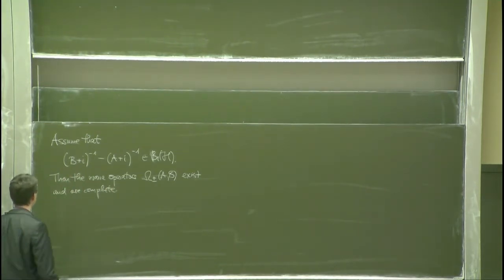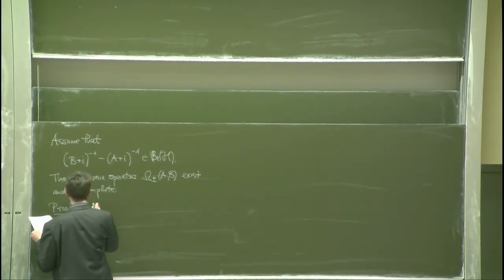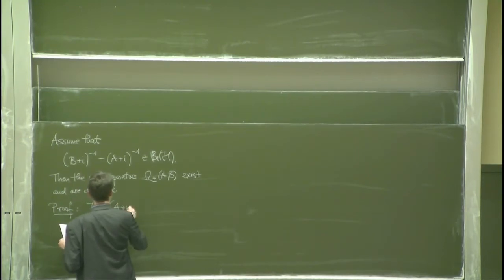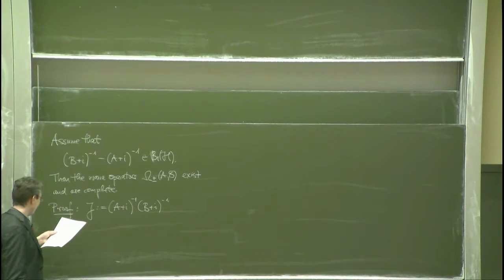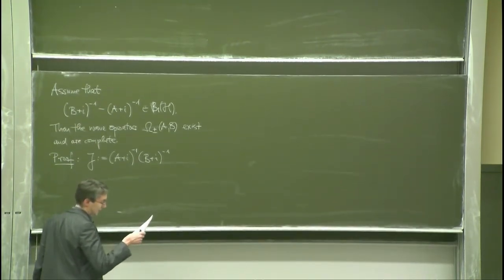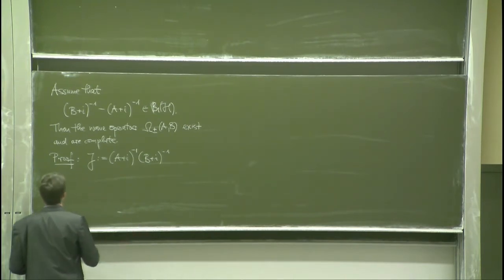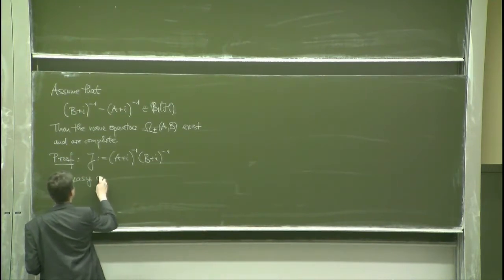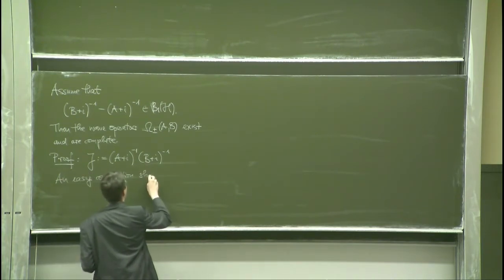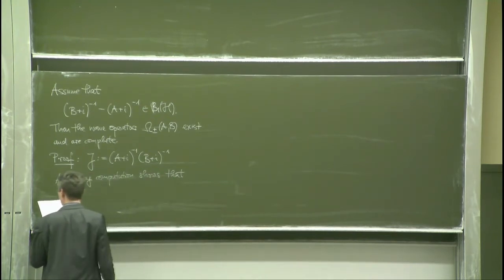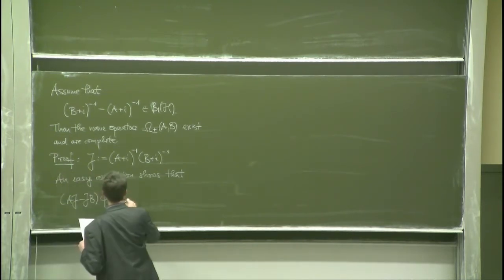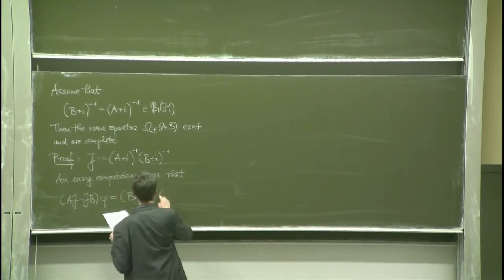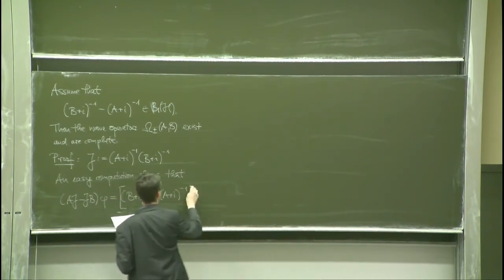Okay, let's look at the proof of this. The main idea of the proof is to apply, of course, Pearson's theorem with the operator J being equal to the resolvent of A plus I applied to the resolvent of B plus I. An easy computation shows that AJ minus JB applied to phi is nothing but (B plus I) to the power of minus 1 minus (A plus I) to the power of minus 1 applied to phi.